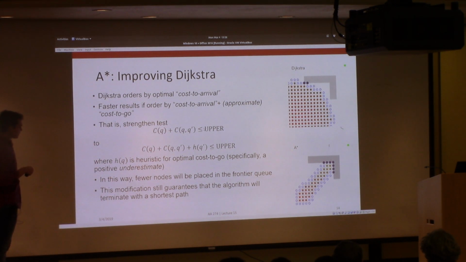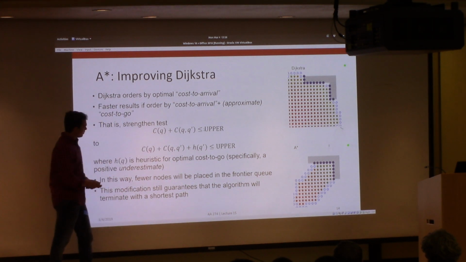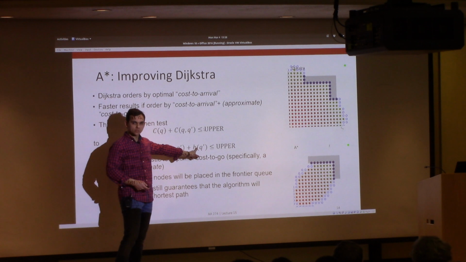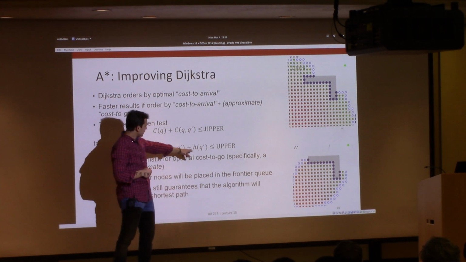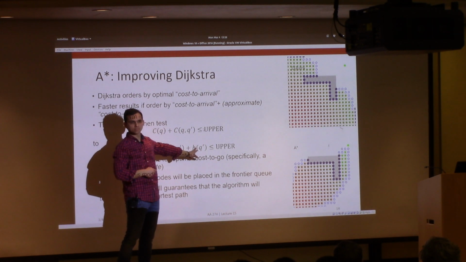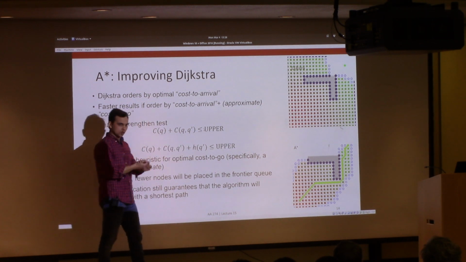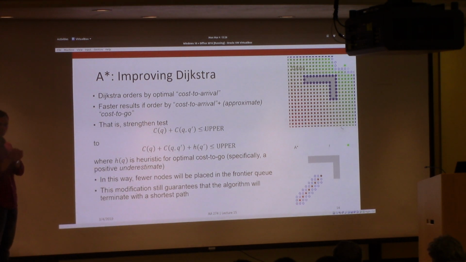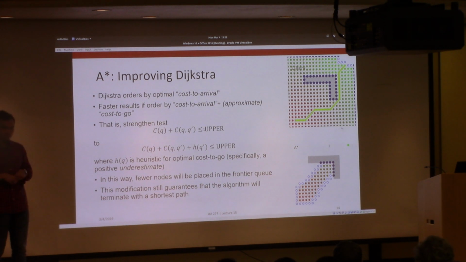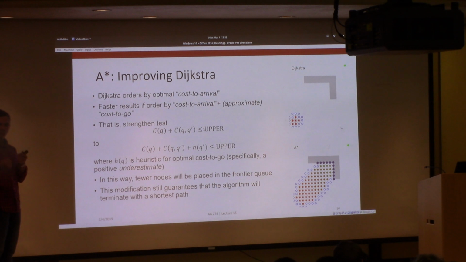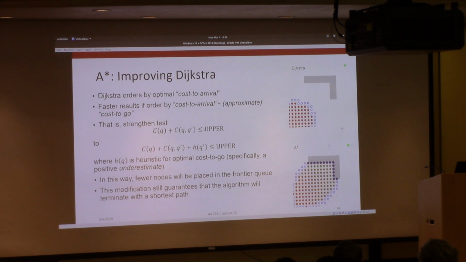Here we also extract vertices not only by their cost to go, but also by the approximate cost of reaching the target from the current vertex, and this H represents here the heuristic. Okay? We have a heuristic that gives us an upper bound of how much it would cost us to get to the target from the current vertex. Okay? So now we take into consideration not only the cost to come, but also the cost to go. Okay?